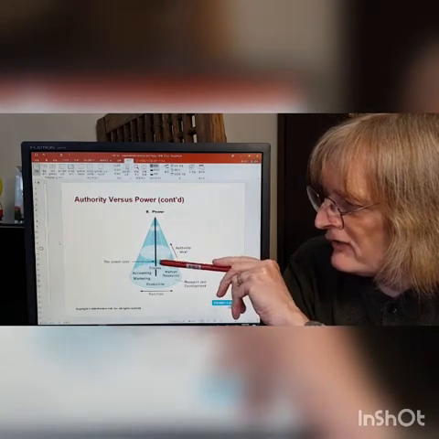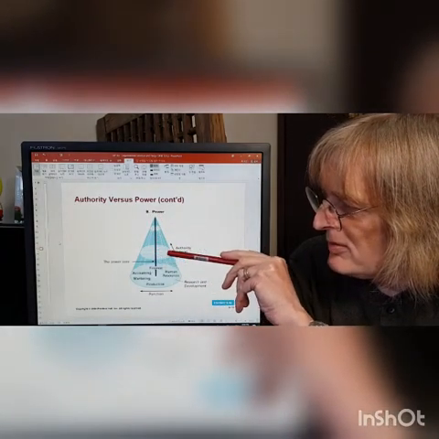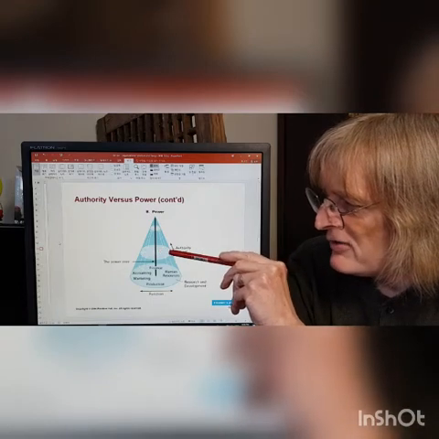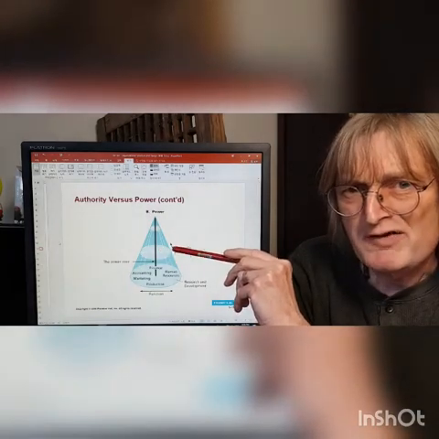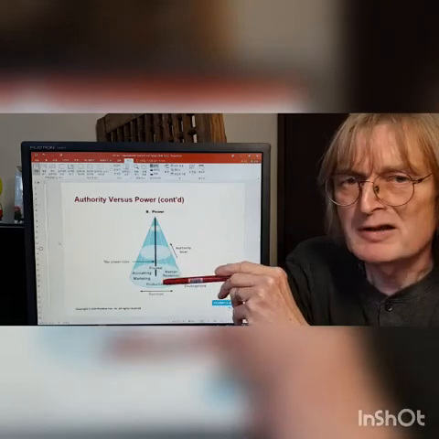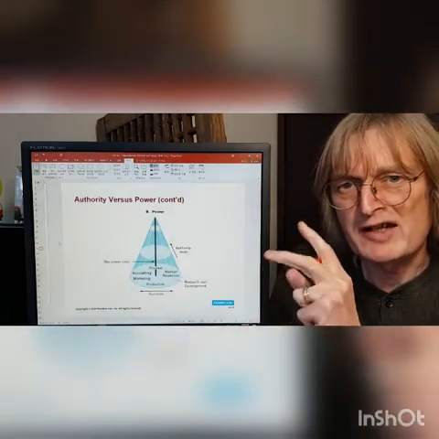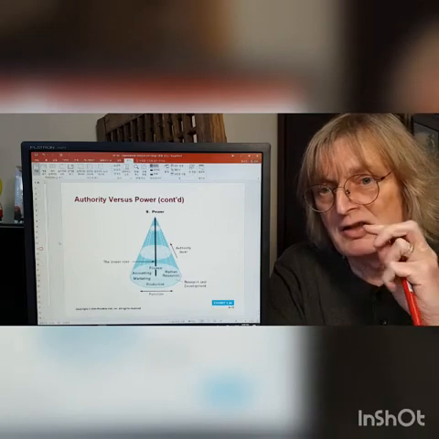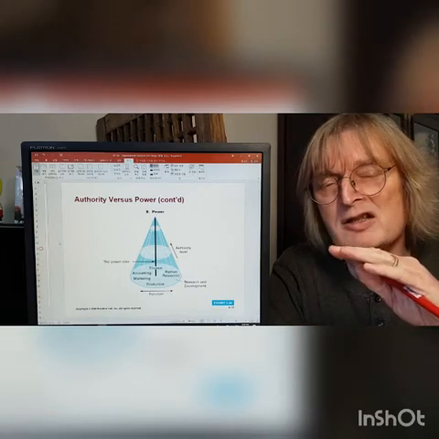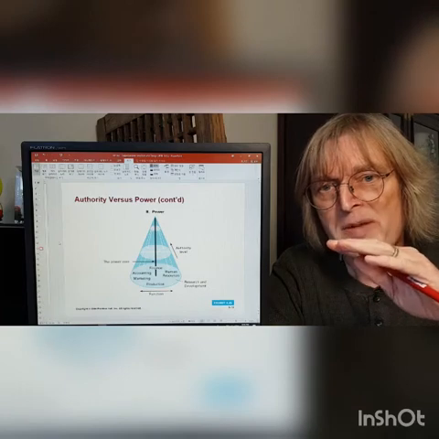As you come down different levels, you might be at this level, but if you're on the outside, you don't have as much power as the person in the middle. So it depends on all those other factors how much power you have. Your level does not mean that you have more power than other people. It's from all these other factors.